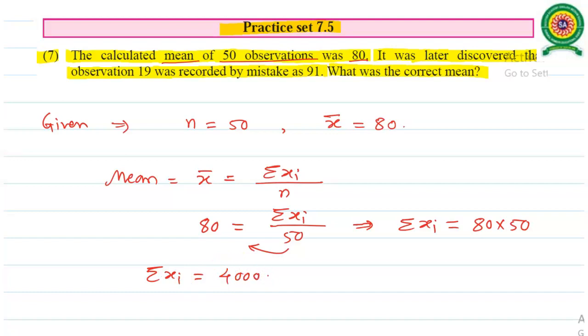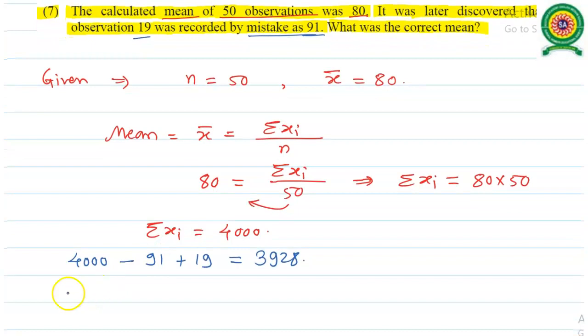Now by mistake we recorded 91 instead of 19. So from the 4000 we don't require the 91 that was mistakenly recorded, but we require the 19. So 4000 minus 91 plus 19 gives 3928.